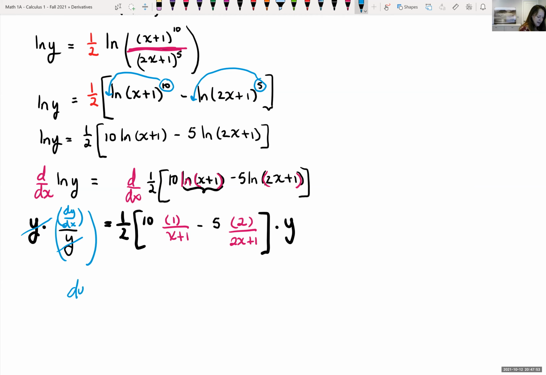And that leaves us with dy dx, the derivative, which we were trying to find, equals, let's right now keep it as y over 2. And here we have 10 all over x plus 1 minus 10 all over 2x plus 1.